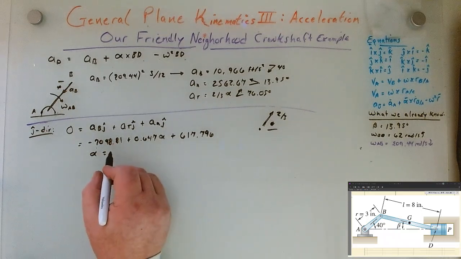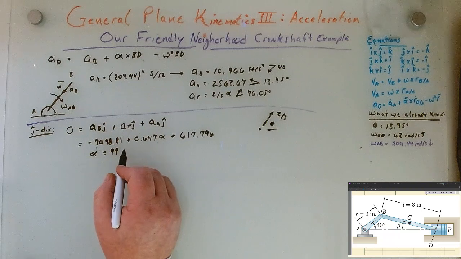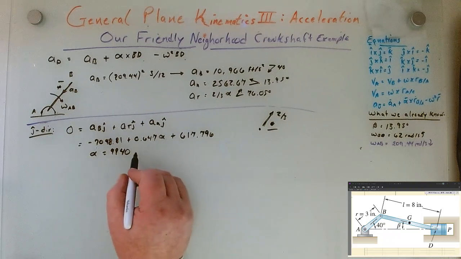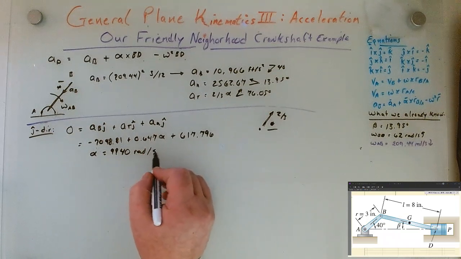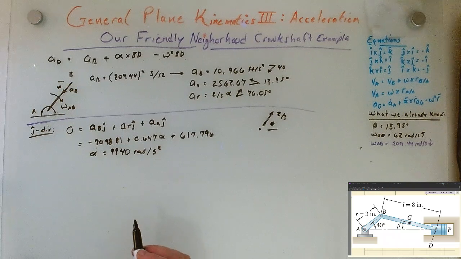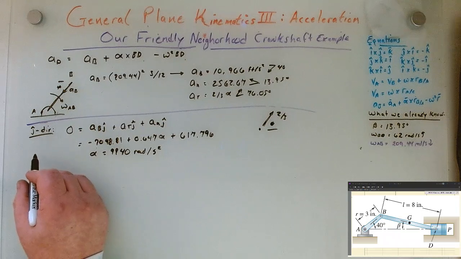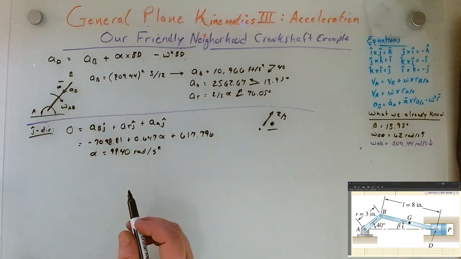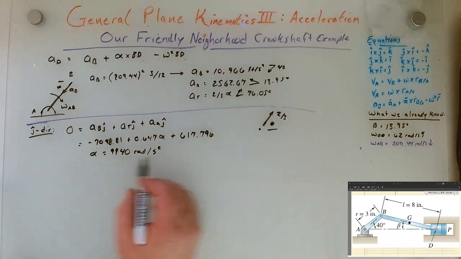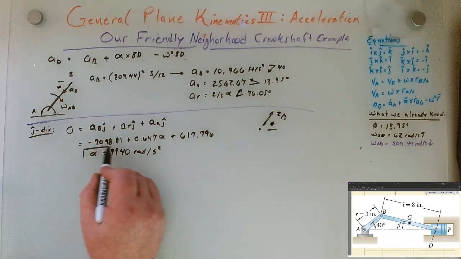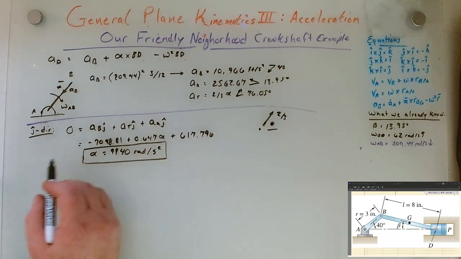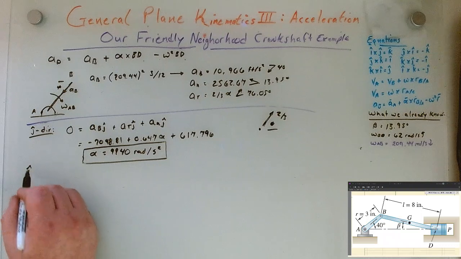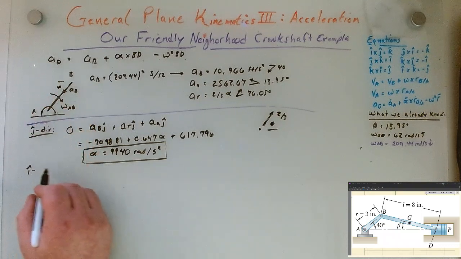So I'm going to say that is 9940 radians per second squared. Okay, is that positive or negative? We are rotating this way, so that is a positive value. Okay, sweet. So that is the first thing that we need to find. So far so good.